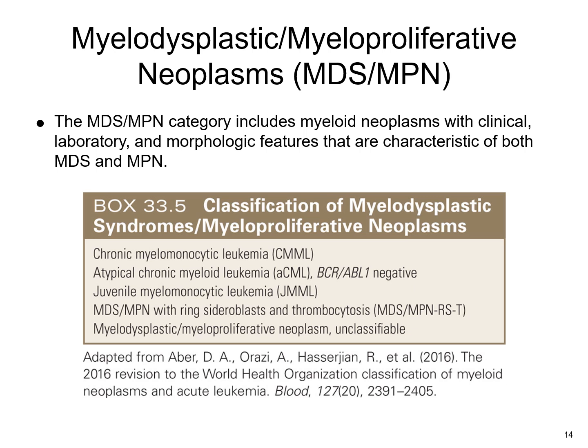Included in this classification are chronic myelomonocytic leukemia, atypical chronic myeloid leukemia, juvenile myelomonocytic leukemia, refractory anemia with ring sideroblasts and thrombocytosis, and the myelodysplastic syndrome and myeloproliferative neoplasm that is unclassified.